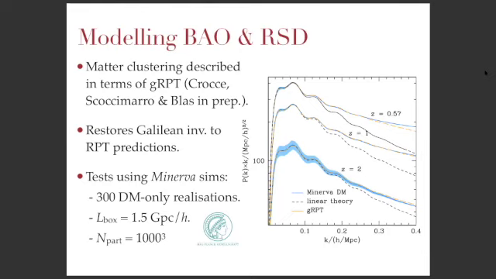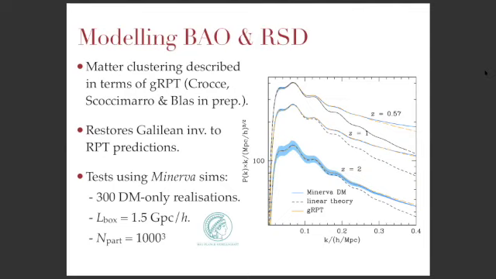And GRPT is a prescription to renormalize also the mode coupling power spectrum in a way that is consistent with the propagator. And this is a comparison of the predictions from GRPT, shown in orange, against the matter power spectrum from the Minerva simulations that we run at MPE. This is a set of 300 dark matter N-body simulations. Alex also referred to these simulations in his talk.